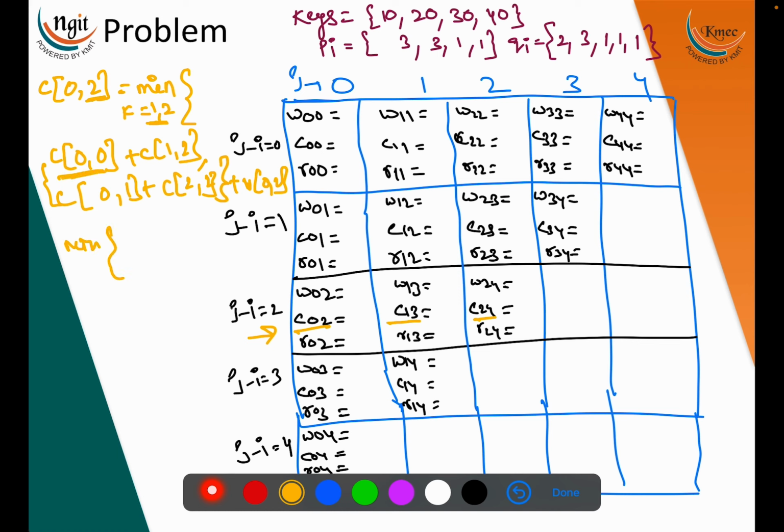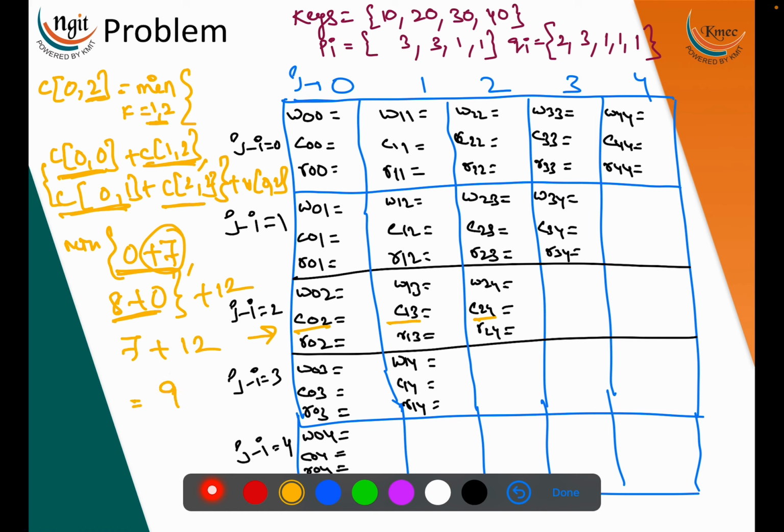C00 value is 0, C12 value is 7, and C01 value is 8, C22 value is 0, plus 12. So 0 plus 7, 8 plus 0, which is minimum? 7 is the minimum. So 7 plus 12 is equal to 19.